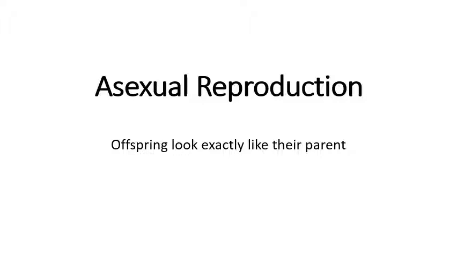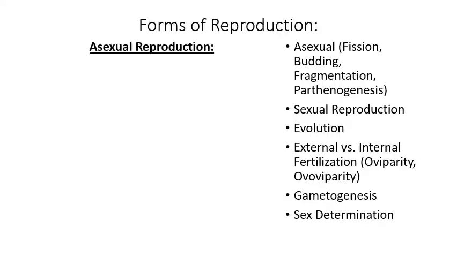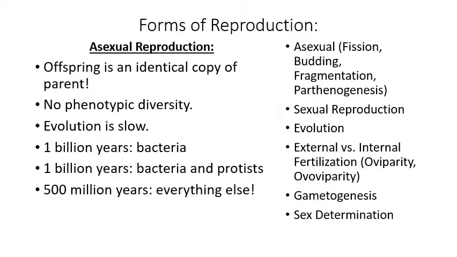Okay, so asexual reproduction, let's look at this. When you have asexual reproduction, the offspring, the children if you will, look exactly like the parents. They have exactly the same phenotype. So in asexual reproduction, the offspring is an identical copy of the parent. There is no phenotypic diversity, and evolution proceeds very slowly.